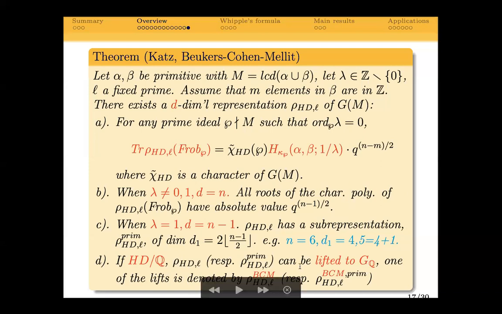So in addition, if alpha and beta are defined over Q, then the representation, a priori for the cyclotomic field, can be lifted to the whole Galois group. And the dimension will be the same as what we mentioned earlier.